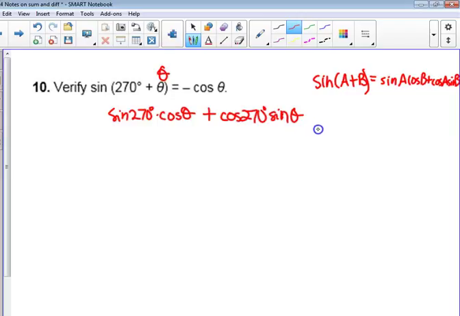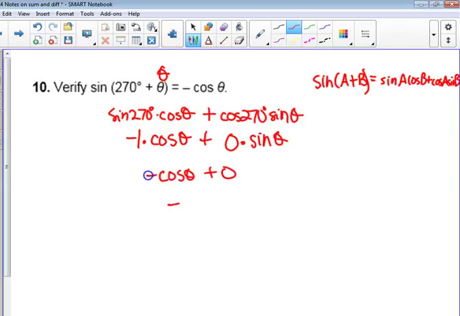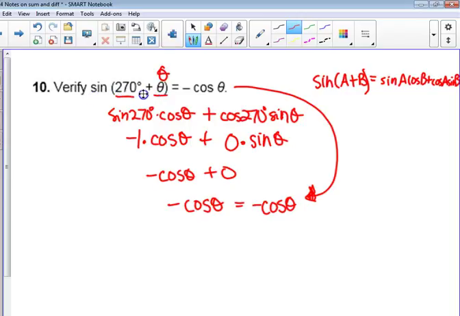Then we look for 270, and the sine is -1 and the cosine is 0. I would not require that you write that extra step in there. It says plus here.